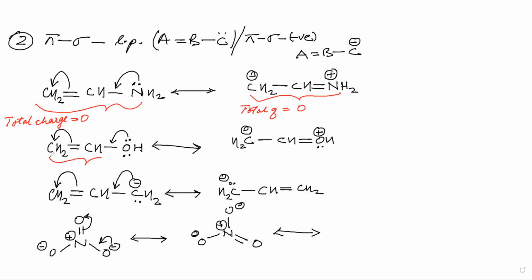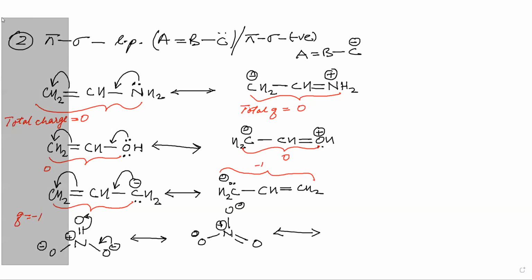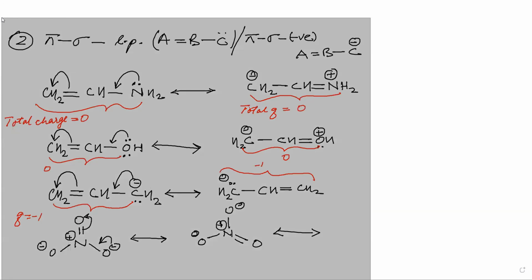Similarly, here, what is the charge? 0. And what is the charge here? Minus 1. What is the charge here? Minus 1. So one thing that we should note now is that all the resonating structures, now let me just shrink this a bit.